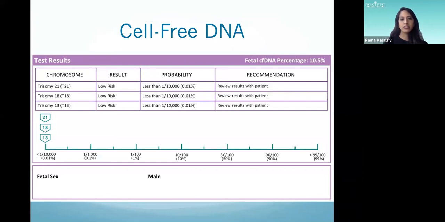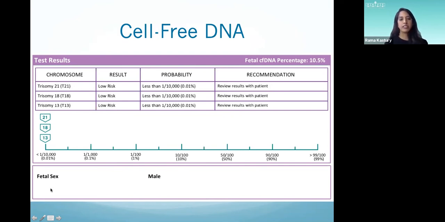Okay, so moving on, this is just a quick sample normal report for cell-free DNA, a low risk report. As you can see, I mentioned we focus so much on trisomy 21, 18, and 13, but we do also get information about the sex chromosomes. Each lab reports things a little differently.